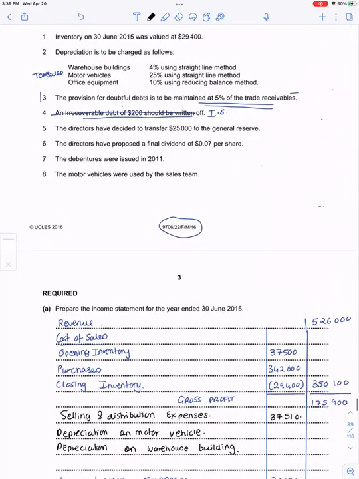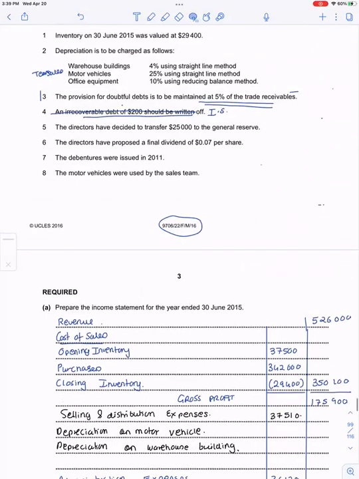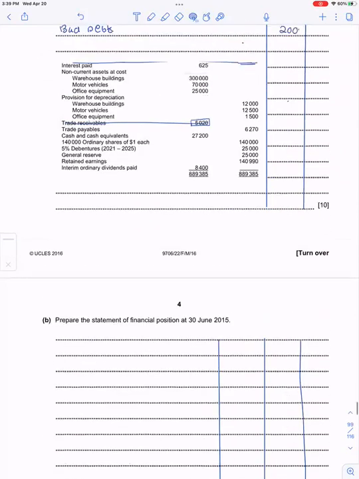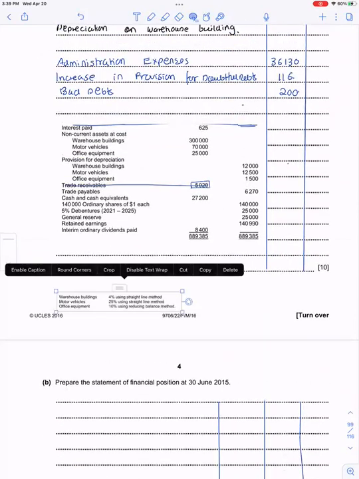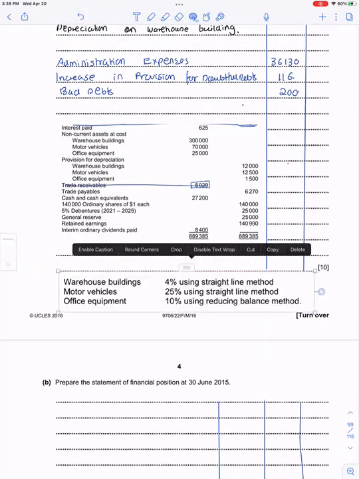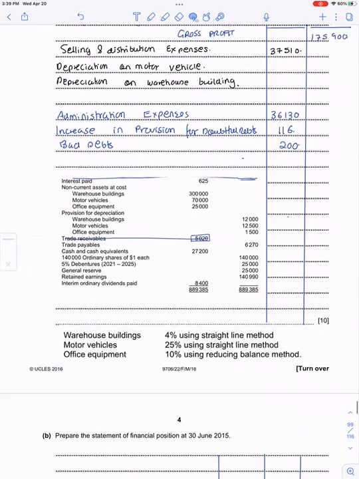Let's look at the depreciation policy. Warehouse building is 4% straight line method.